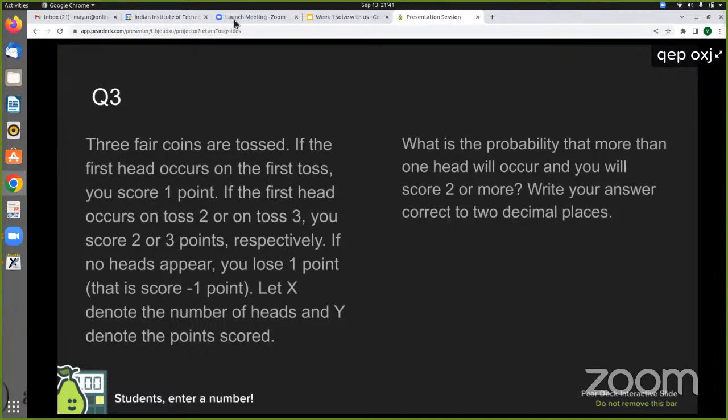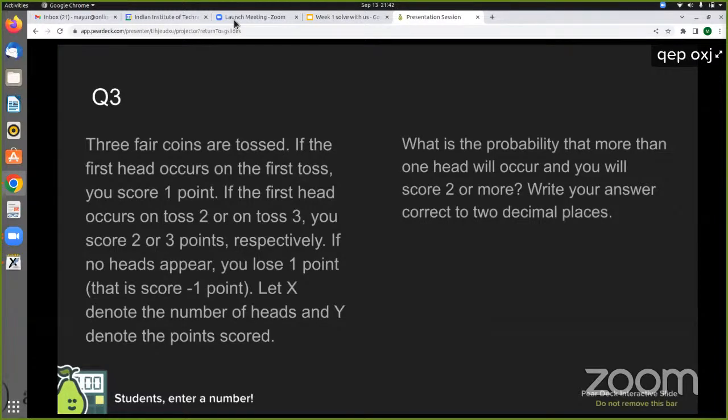Now, one head appears. The chance in the moment zero heads appear.